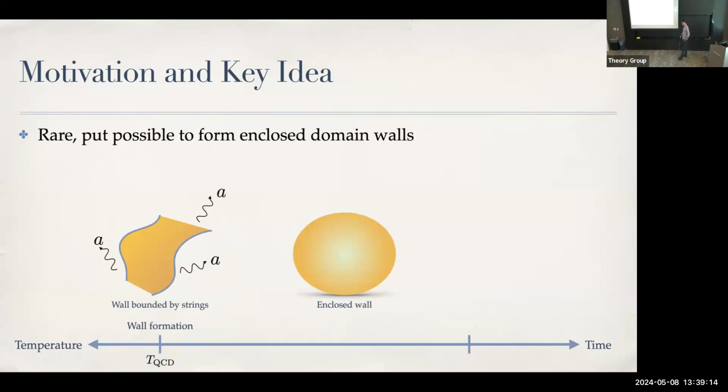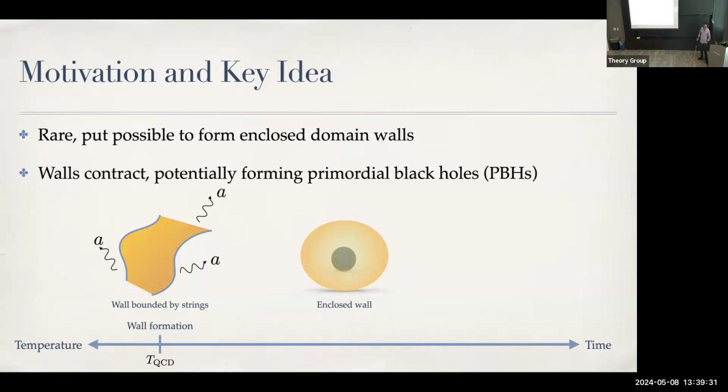Now, the key point of this talk is that while every axion string becomes attached to a domain wall, it's possible, though rare, to form axion domain walls, these surfaces, that are not attached to any strings, but are enclosed surfaces. What's cool is that one can show it's energetically favorable for these surfaces of large concentrations of axion density to shrink.